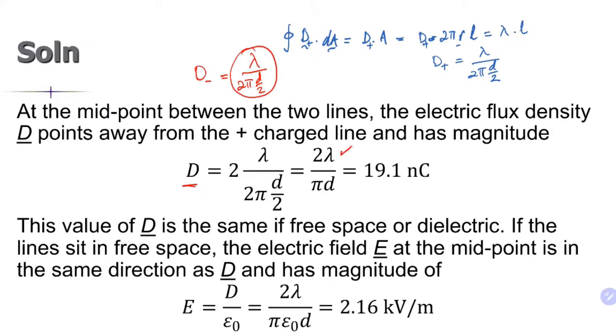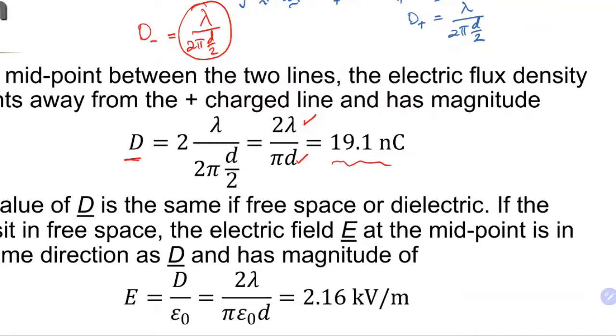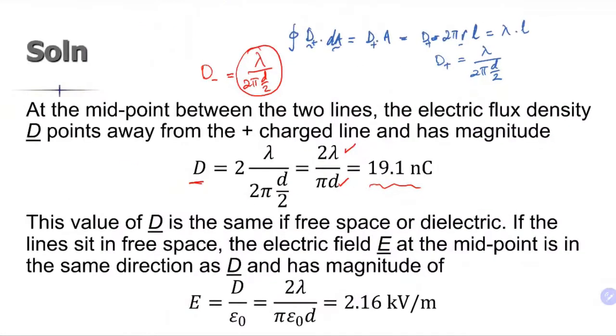We know lambda, we know d, and therefore we can calculate the electric flux density. That's equal to 19.1 nanocoulombs per square meter.